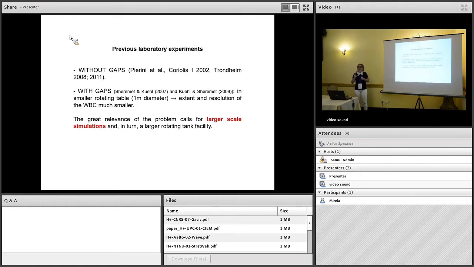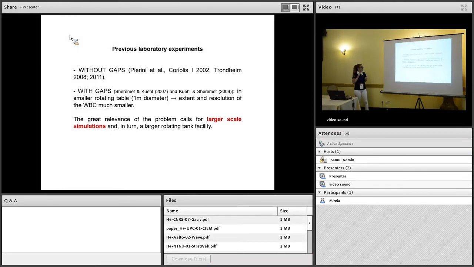And also we can have some hysteresis effects, meaning that the penetrating or leaping tendency of this main jet depends on the history of the western boundary current.